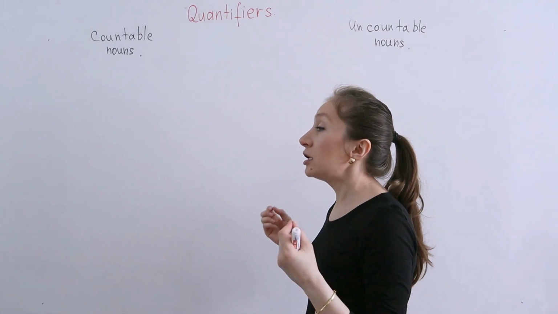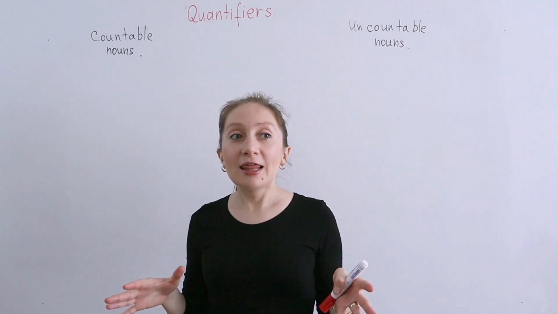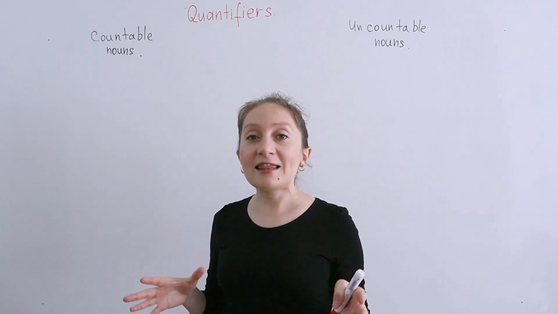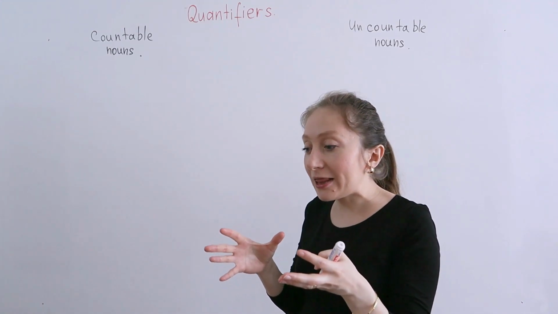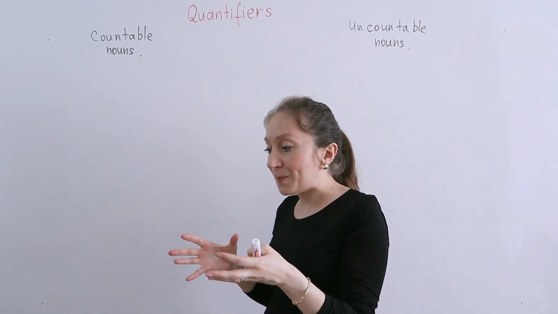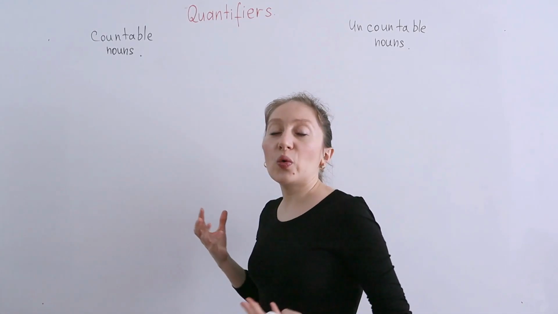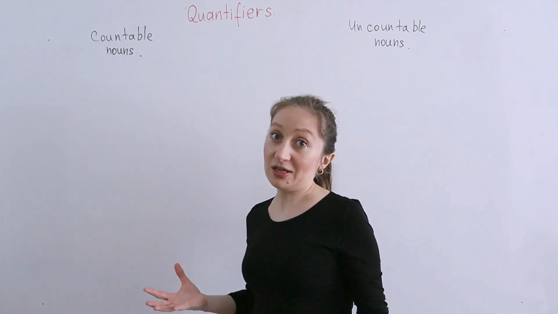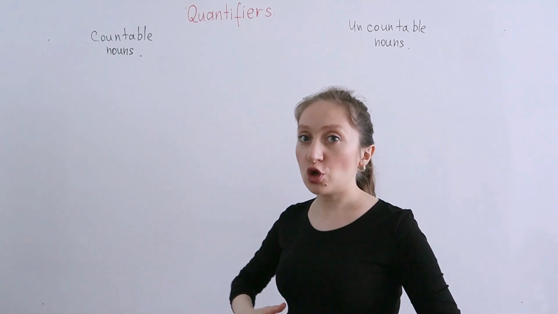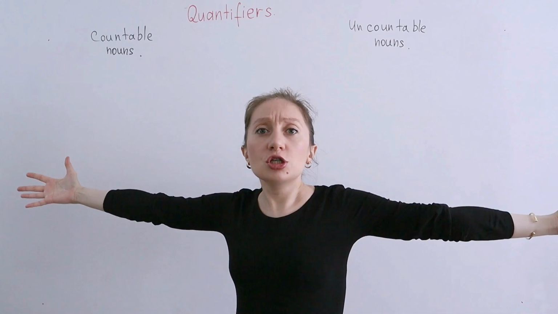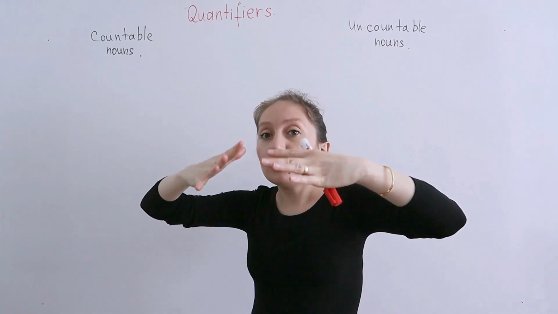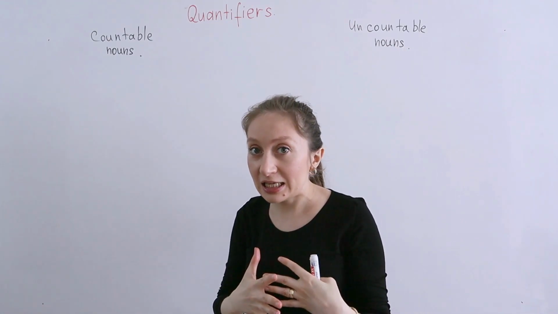Today we will talk about the quantifiers that help you to tell that you have something not enough, nearly no or nearly nothing of something: few, a few, little, a little.